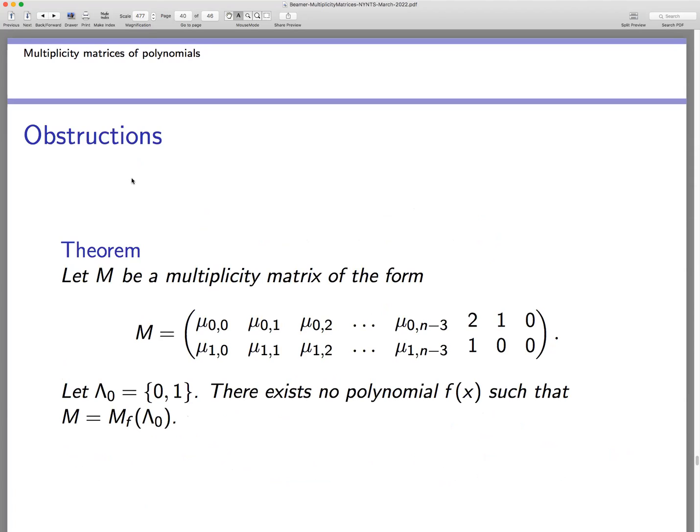So what's more interesting than constructing a polynomial for which a given matrix is the multiplicity matrix is to have some way to understand the obstructions to a matrix being the multiplicity matrix for a polynomial. So here are two examples which come just from looking at the counterexample that I had done explicitly a few minutes ago. Here I take a multiplicity matrix.